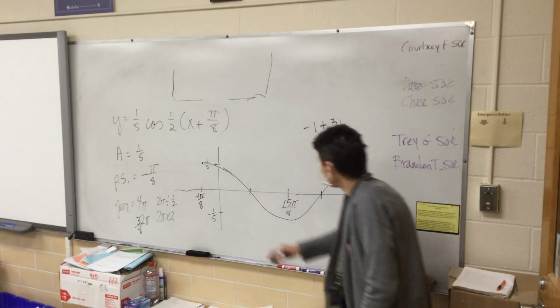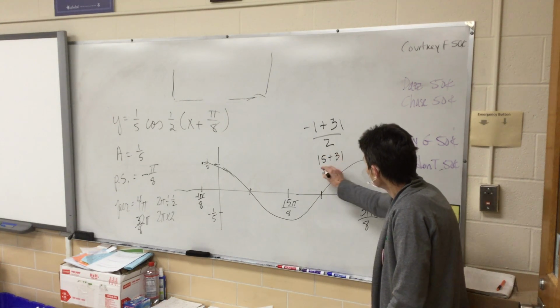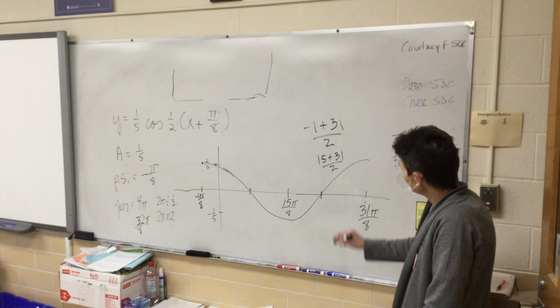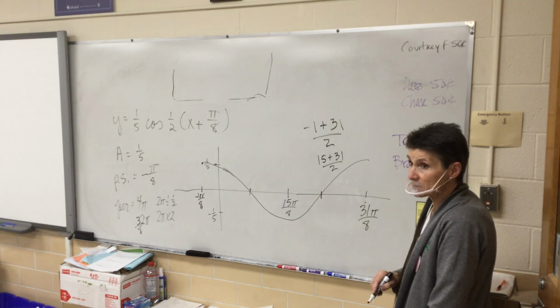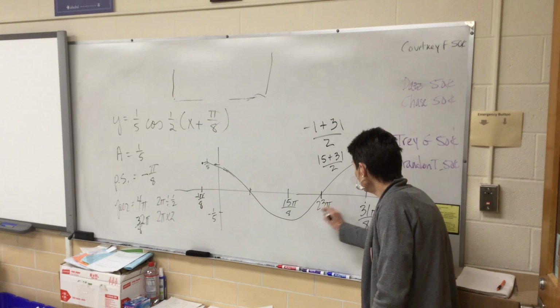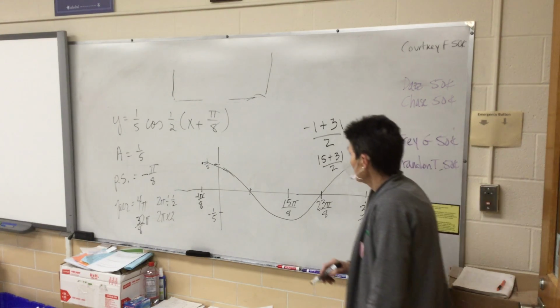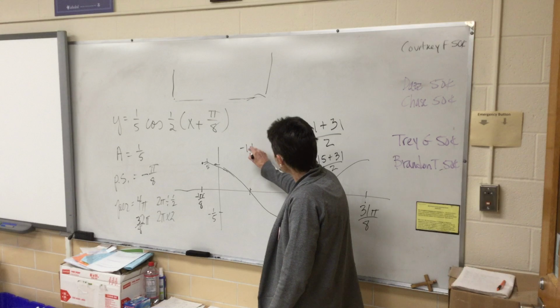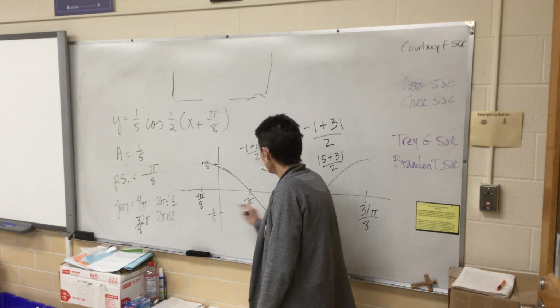I need both of them. So 15 and 31, what does that make? 46. Divided by 2, this one's 23 pi over 8. And negative 1 and 15, this one's 7 pi over 8.